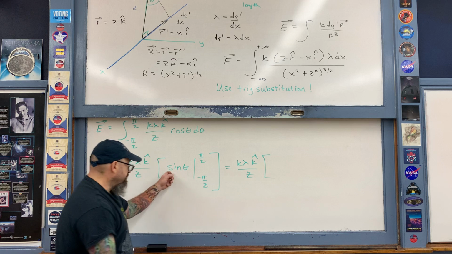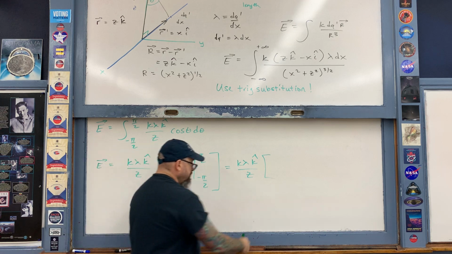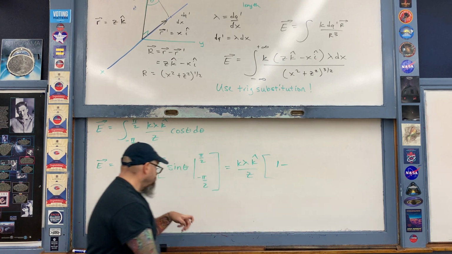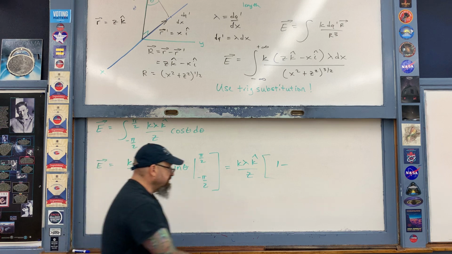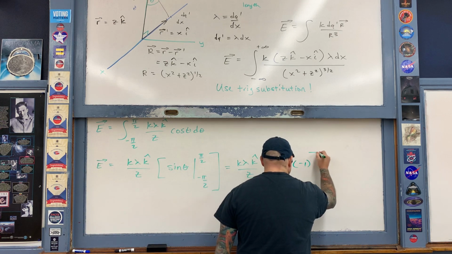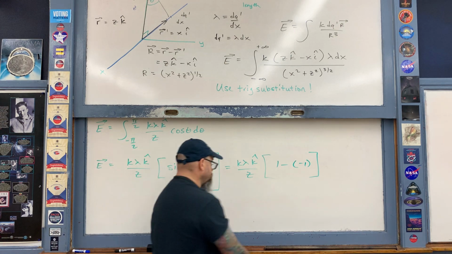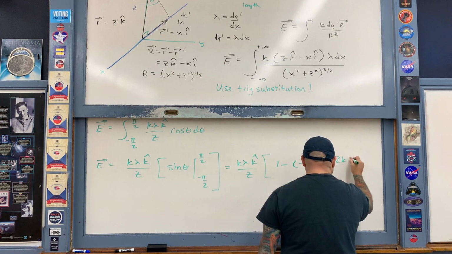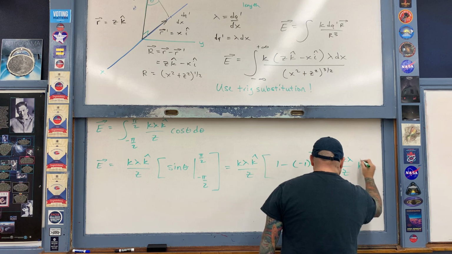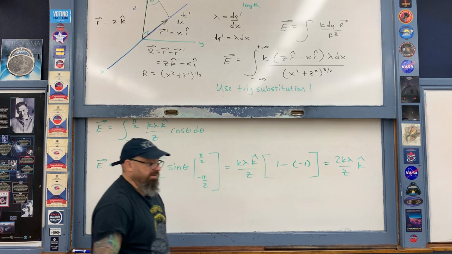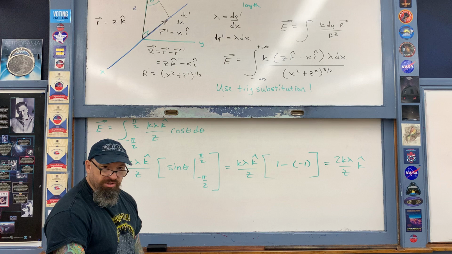We have here, first of all, sine of pi over 2, which is 1, minus then sine of negative pi over 2, which is negative 1. Like so. This then, of course, ends up being 2 in the brackets. Like so. And then we end up with the following as our answer.